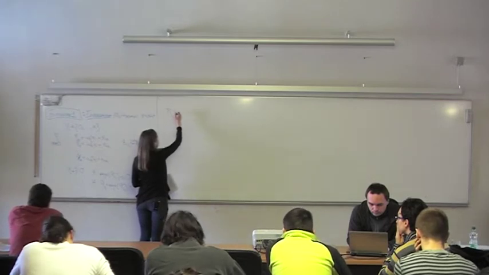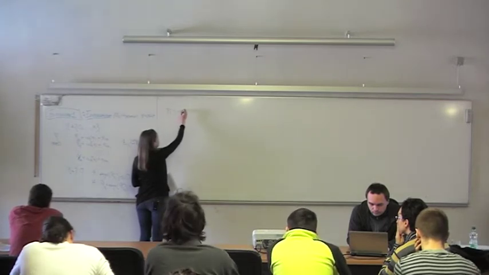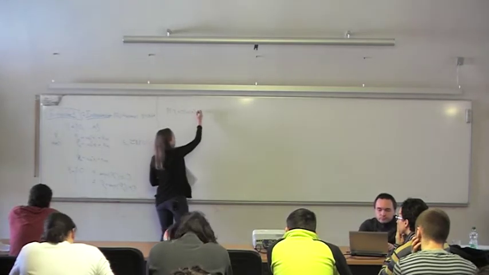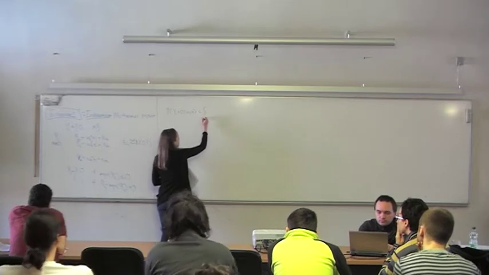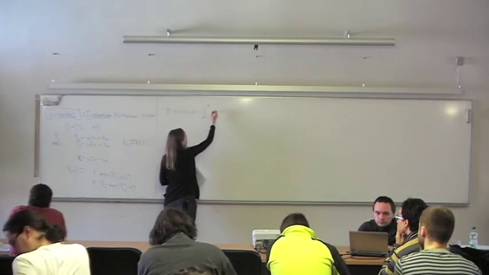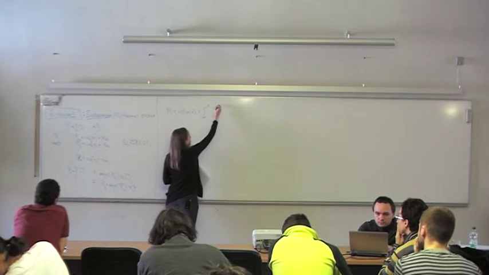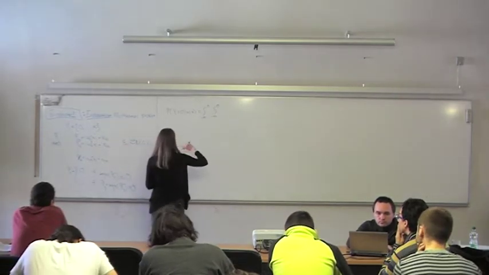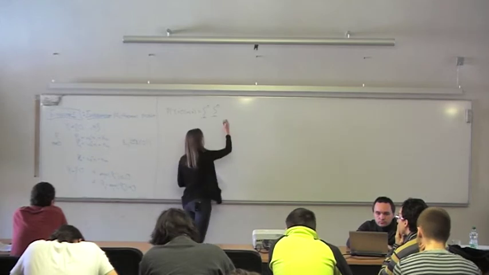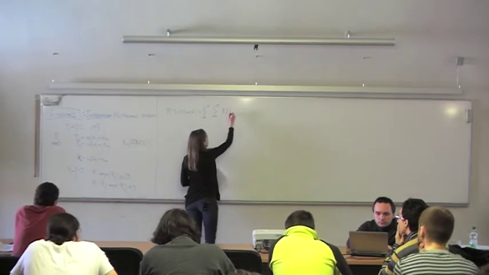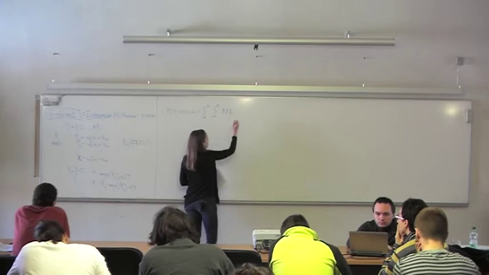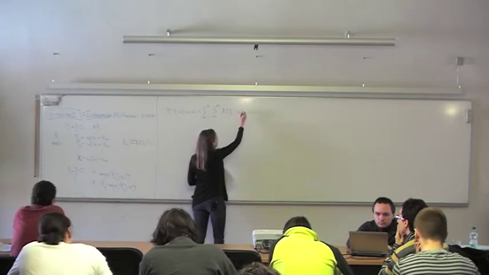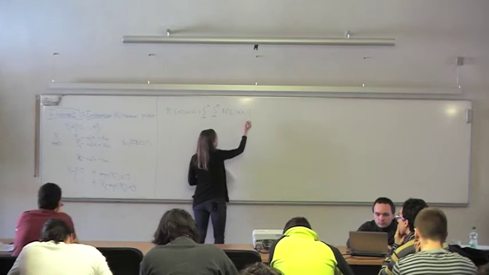The probability that yi is equal to 0 given w and x is just the probability that all of my latent variables are between negative infinity and 0. Each yij tilde is normal with mean wj transpose xi and variance 1.